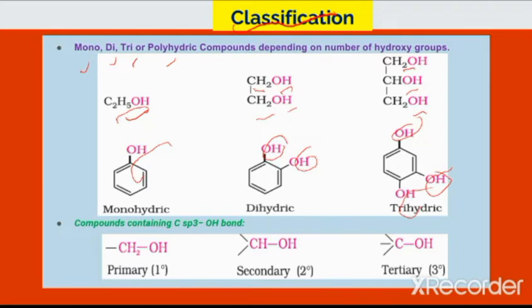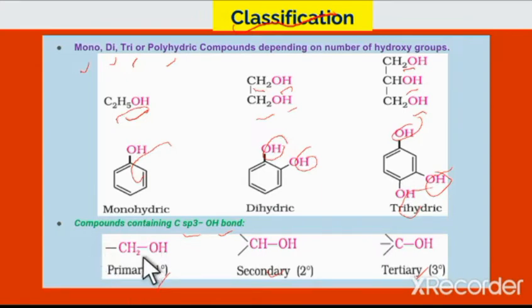These are also classified another way, when the OH is bonded to an sp3 hybridized carbon, which is bonded with a different number of carbons. Accordingly, they can be further classified as primary, secondary and tertiary.